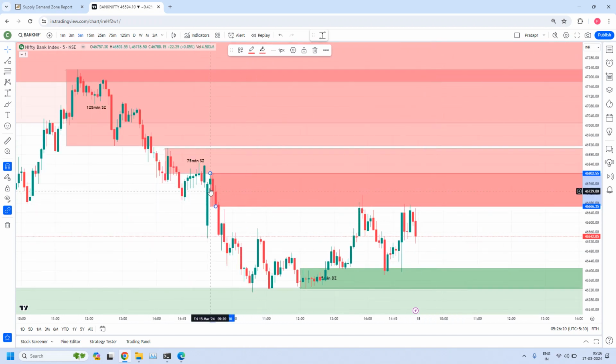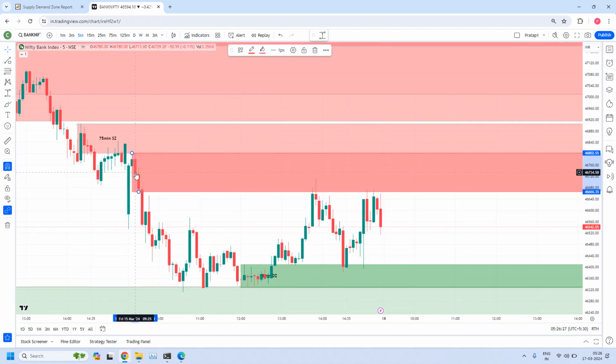On Thursday, if I would have generated this report, but not Thursday, because this zone is also created on Friday only. This high liquidity zone is created on Friday itself. But our software does not have live data at present. Only after market hours will it identify this zone.